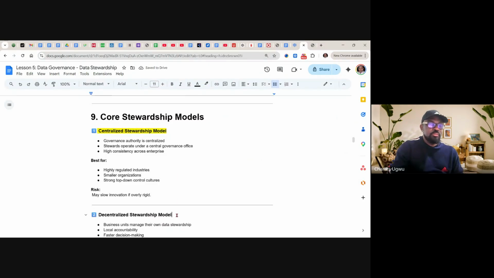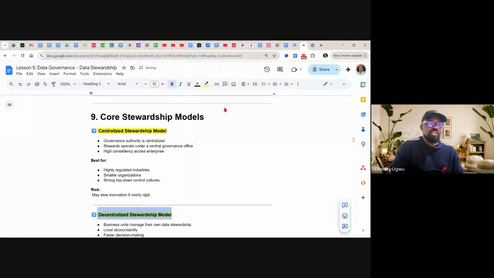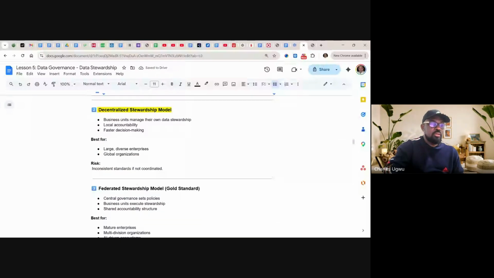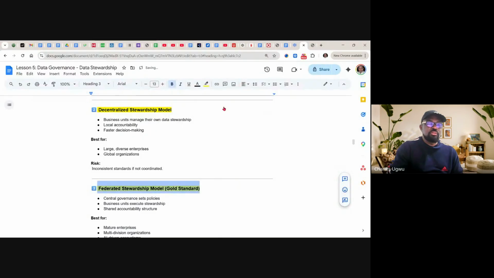Centralized. Decentralized. We have decentralized, and we have federated, which is mostly used.